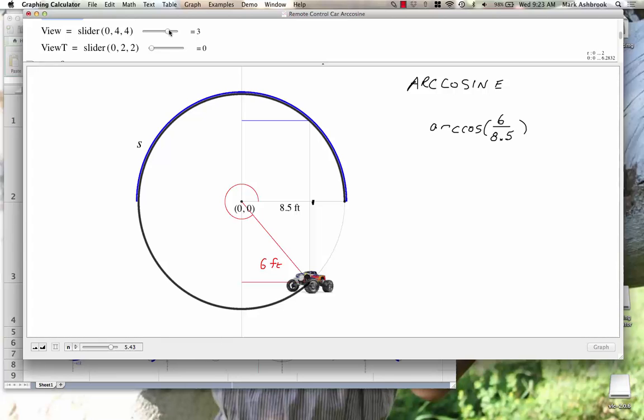The blue arc. And it's going to say, oh, your truck is up here. This is what the calculator is going to think. Here's where your truck is. I can give you that angle. Because that's the same distance to the right of the vertical diameter, within our range from 0 to pi. Okay, so find it.